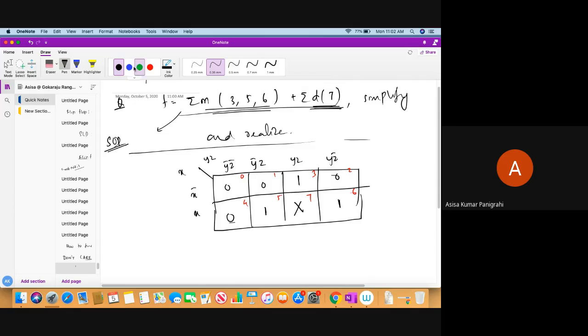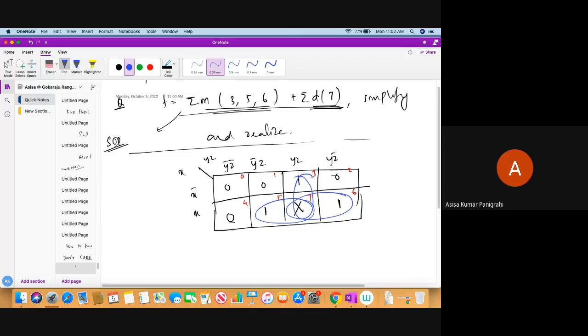Okay, now what you need to do, very simple, you need to start combining with the help of all these rules of the don't cares. What I told, a don't care should be combined along with the min term if it gives a minimum number of literals. Okay, so if I combine it like this, next I can combine it like this, next I can combine it like this. Here don't care acts like a 1.